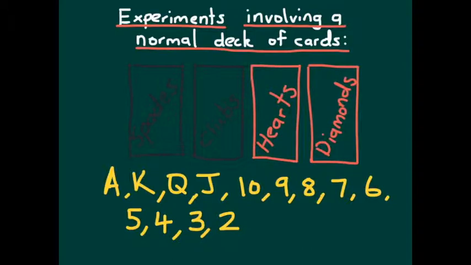So there will be 13 of spades, 13 clubs, 13 hearts, 13 diamonds. And in each suit, these are the cards that we have. So for diamonds, there will be an ace, king, queen, jack, 10, 9, 8, 7, 6, 5, 4, 3, 2 of diamonds.